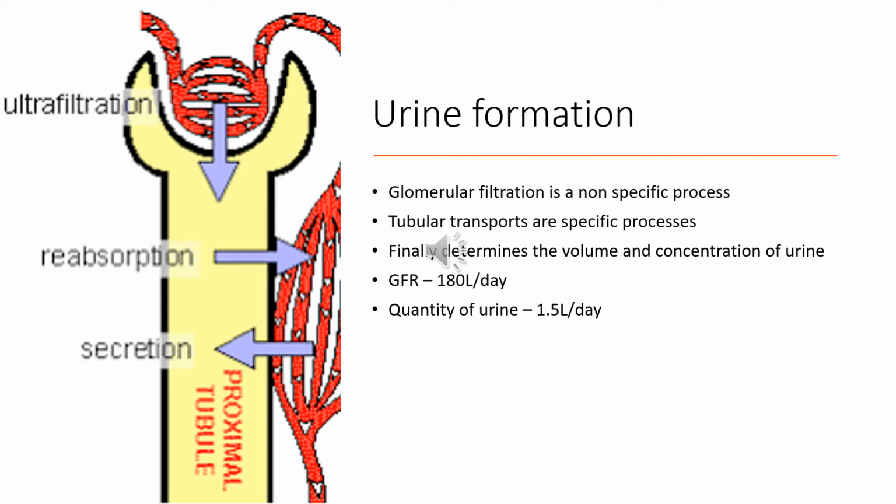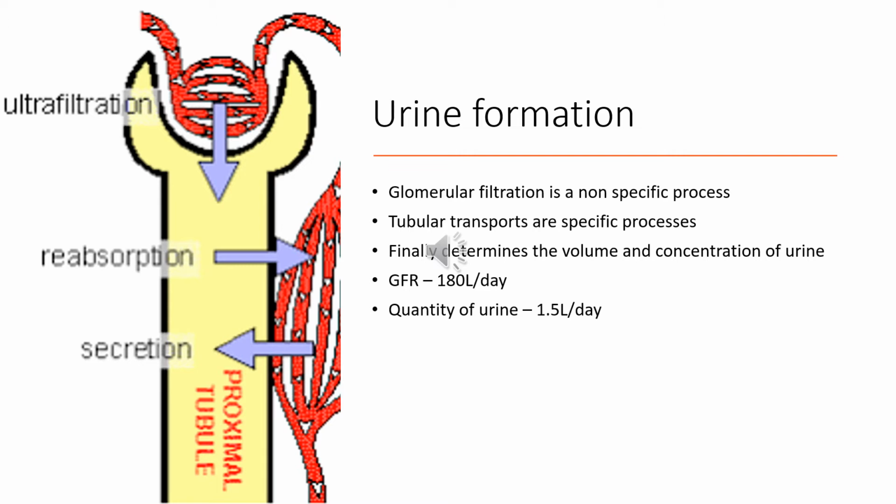And this tubular exchange of water and electrolytes finally helps in the determination of the volume and concentration of the urine. The glomerular filtration rate is about 125 milliliters per minute or 180 liters per day, whereas the quantity of urine excreted is about 1.5 liters.